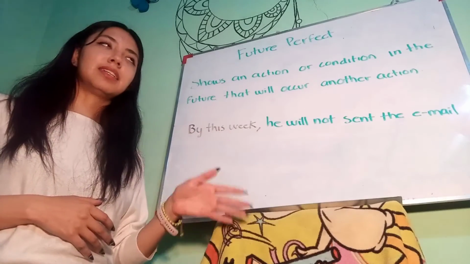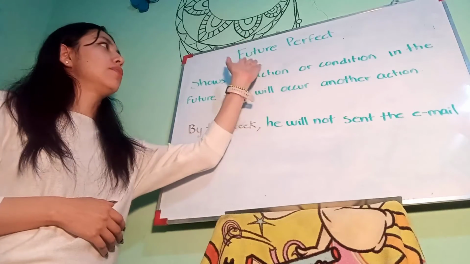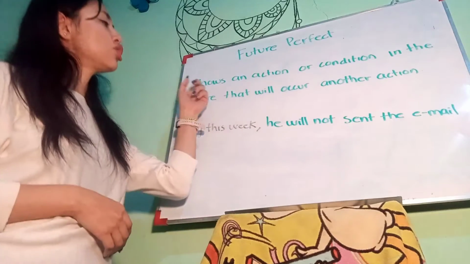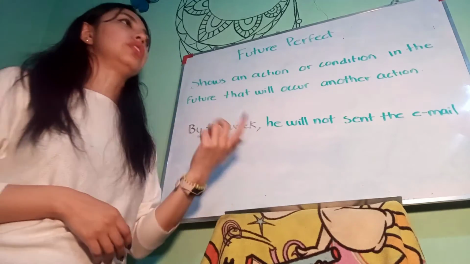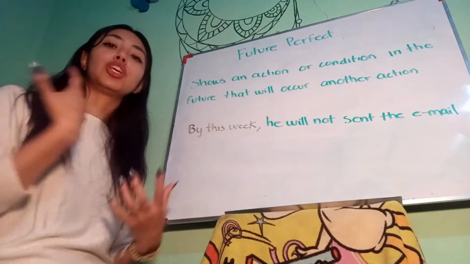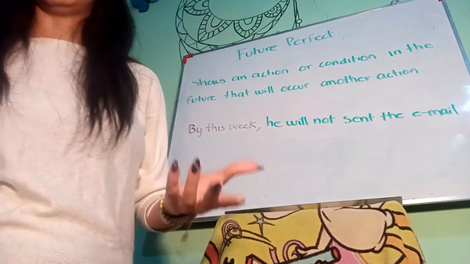And the last tense, future perfect, shows an action or condition in the future that will occur before another action.